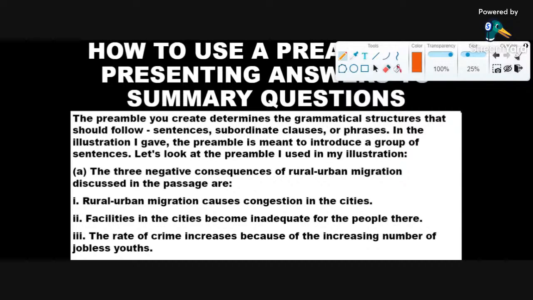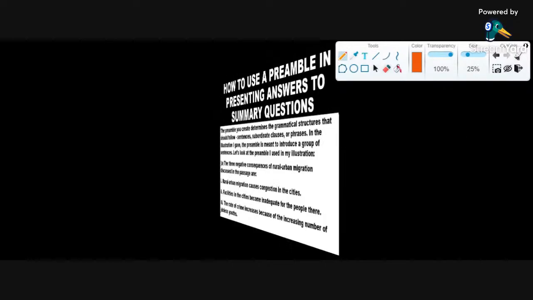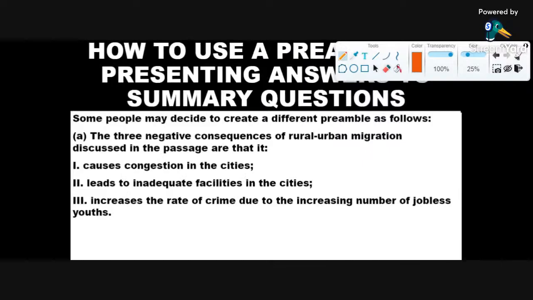Then I want us to look at the second type of preamble that people can create, which is the one that can lead one into losing marks if not properly handled. Okay, so that is what we are going to look at right now.